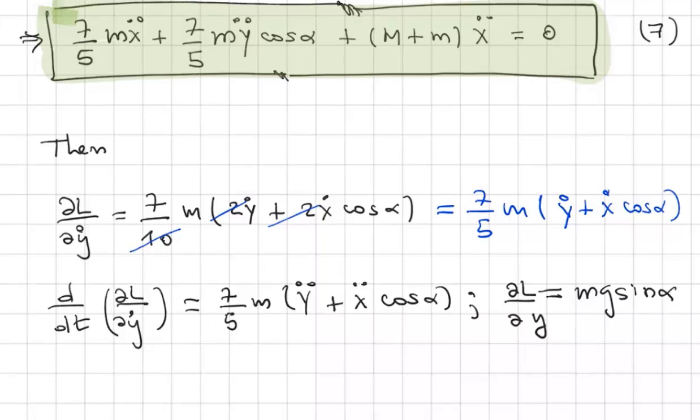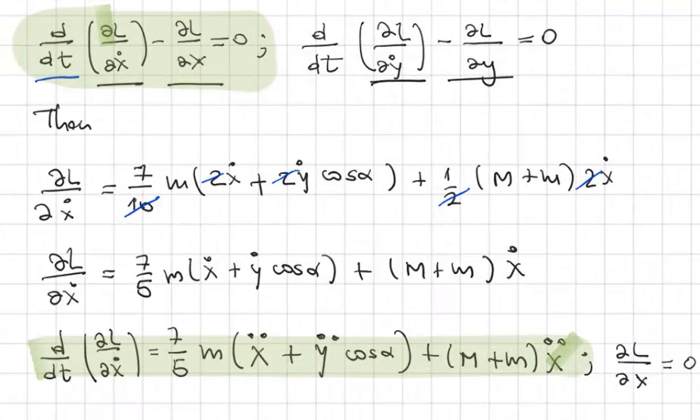Then let's write the Lagrange equation. The Lagrange equation would be the derivative with respect to time of dL/dy dot minus dL/dy equals 0.